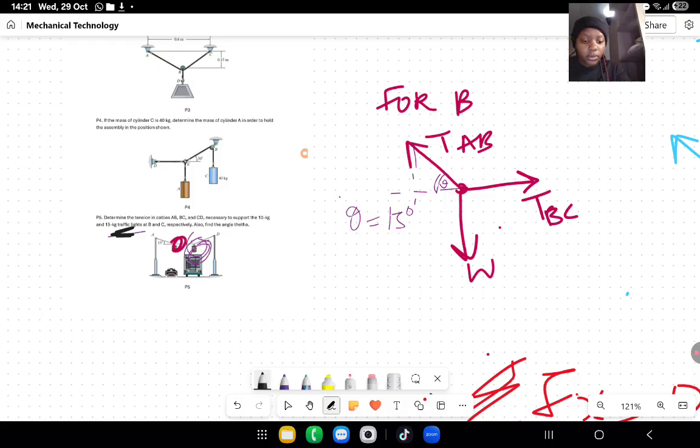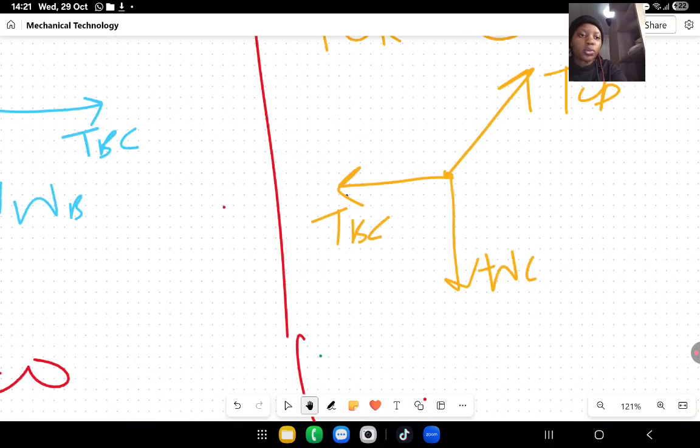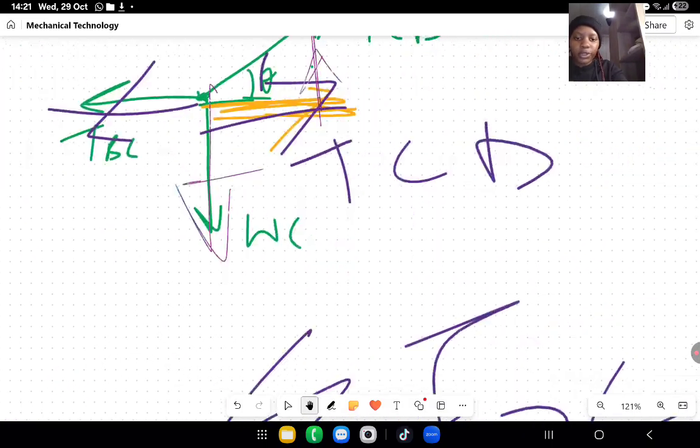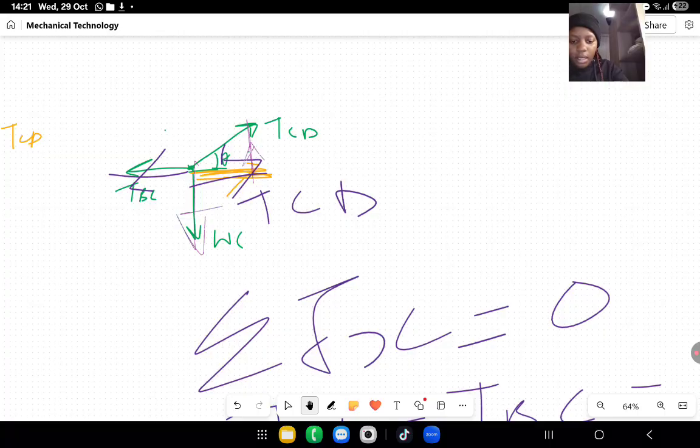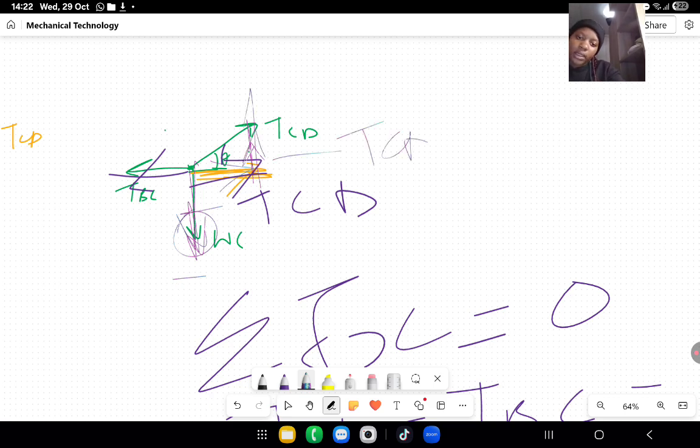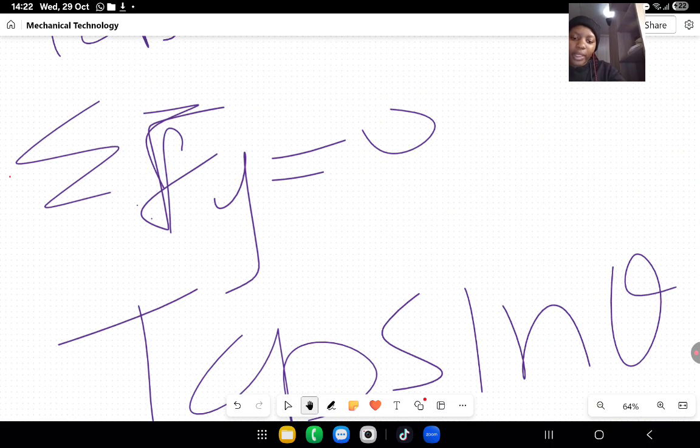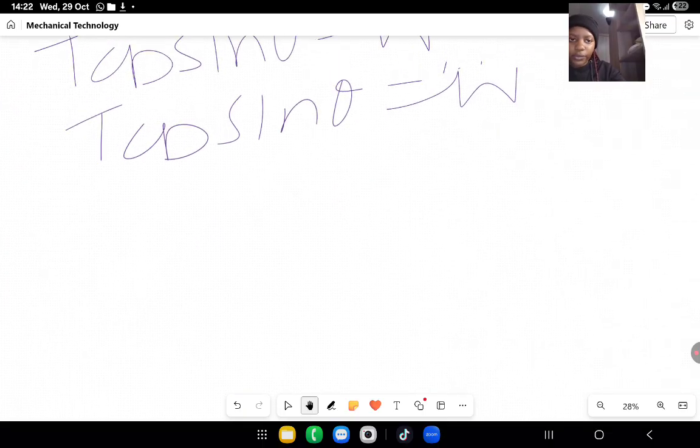Then also we go to that other free body diagram we have from that side. This is our WC, weight at C, which goes down, which is negative. Then going up, this is our TCD, the sine of theta, this angle that we don't know. So now we'll go back and continue with what we have studied.